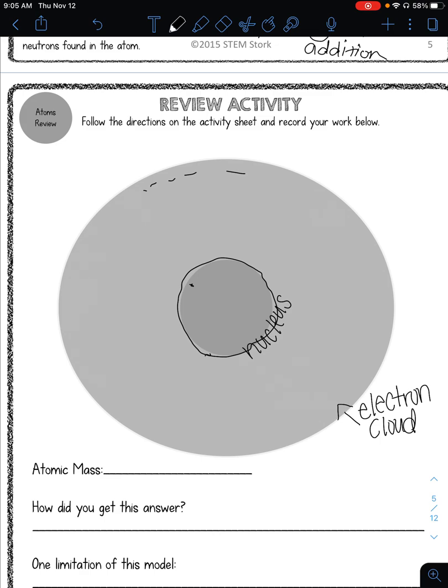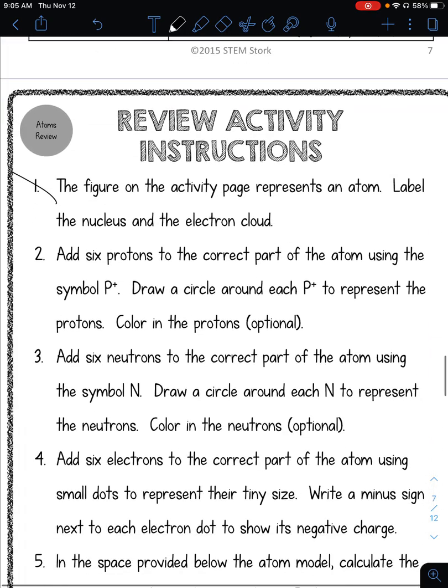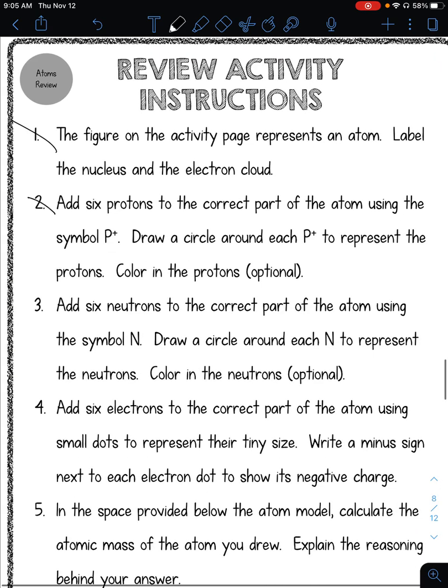Protons are in the nucleus, so I'm going to put 6 little P pluses in the nucleus. 6 protons in the nucleus.